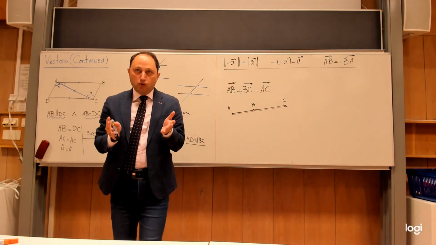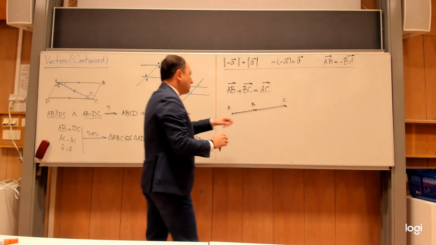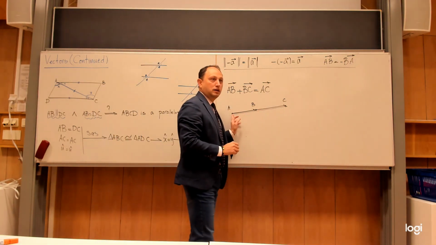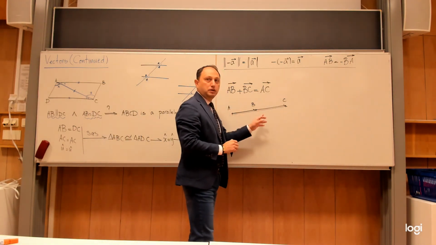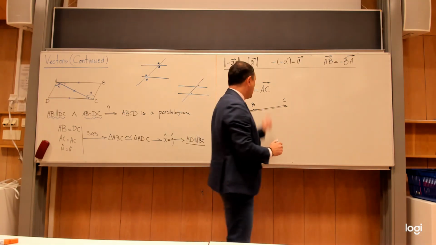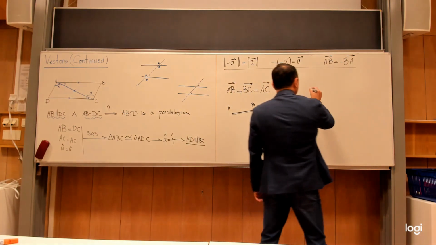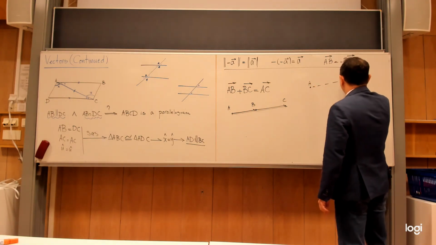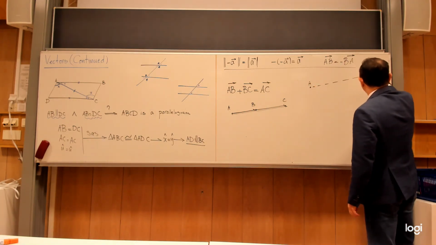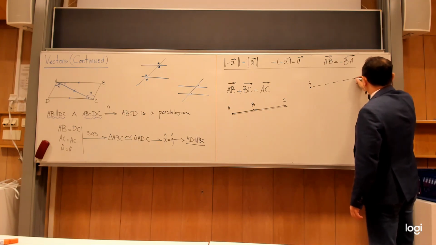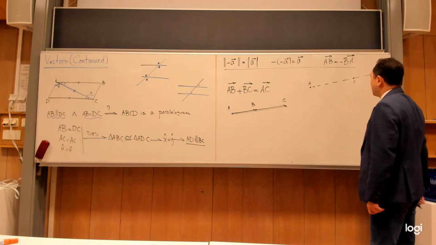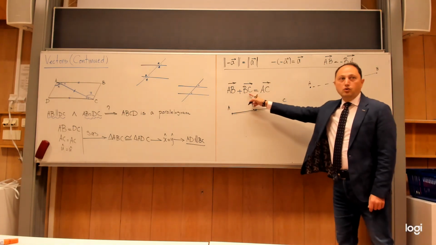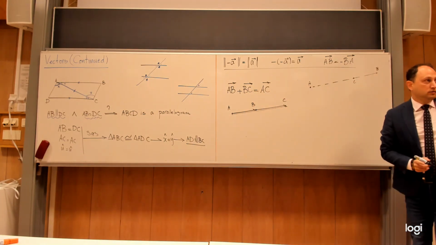But this is not all possible ways. For example, it might happen that C is between A and B. Let us see in that case, does this work or not? So, for example, here is A. Let me write it in this way. Here is B. And let me consider that here is C. Do you think this relation still holds for this scenario?